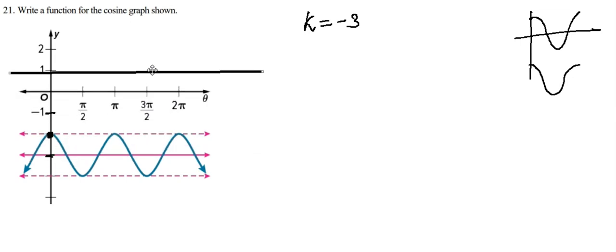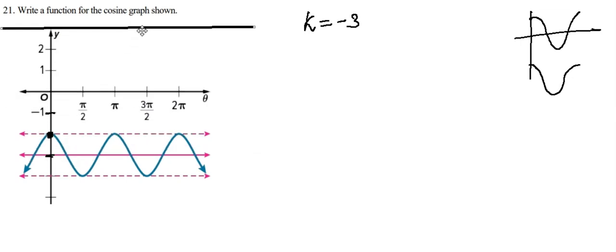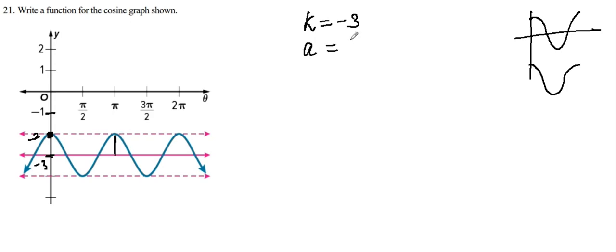So that's why k is minus 3. So we got the middle line. Now amplitude, how many units up? This is minus 2 and this is minus 3. Only 1 unit distance, so A is 1.